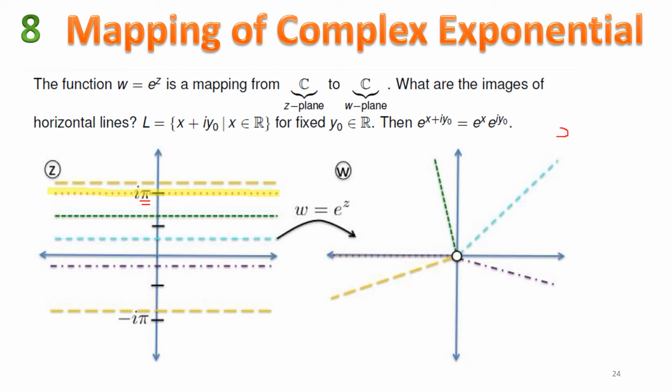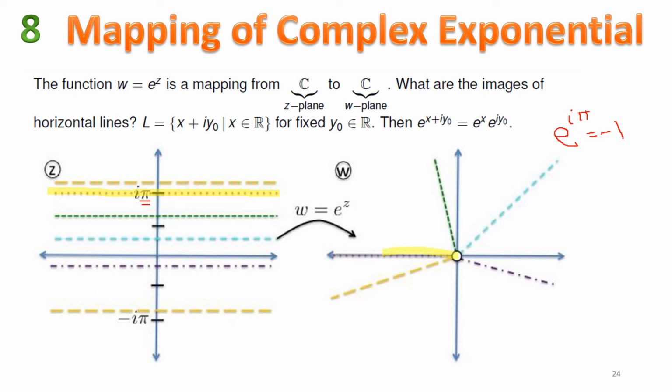So e to the power i times pi we are talking about, and obviously this has numerical value -1. So we are on the other axis.